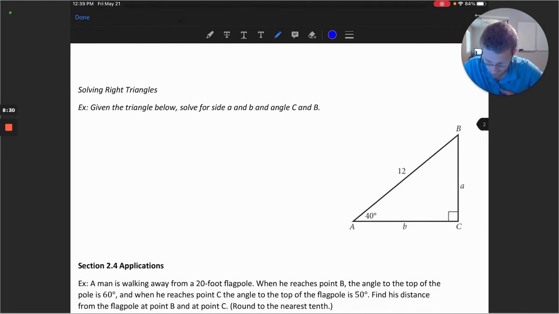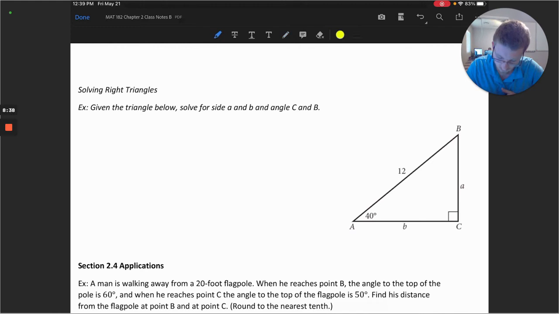So given the triangle below, we want to solve for the side length A and B and angle C and B. So we have 4 items to solve for, 2 side lengths and 2 angles. So let's consider looking at this triangle first, and we'll try to decipher what the angles are and find those side lengths through some trigonometry.